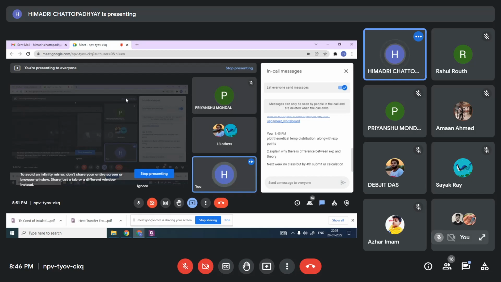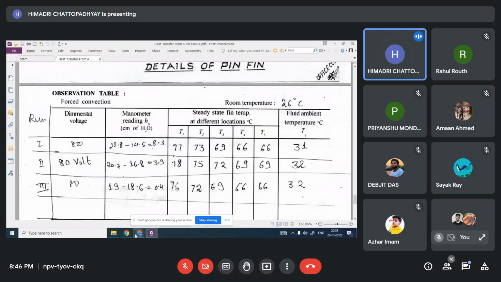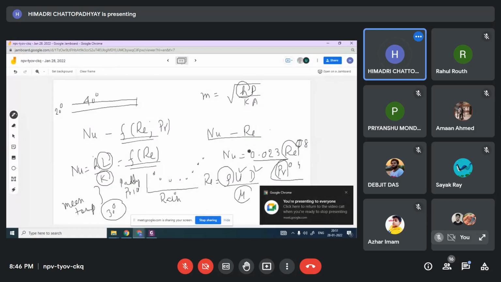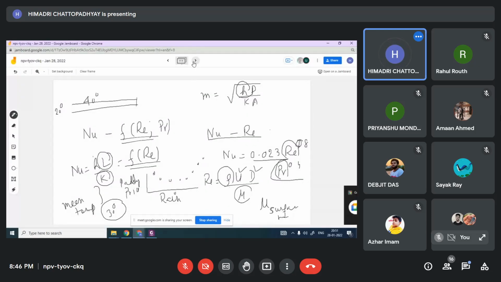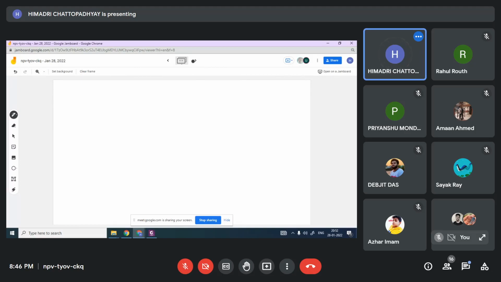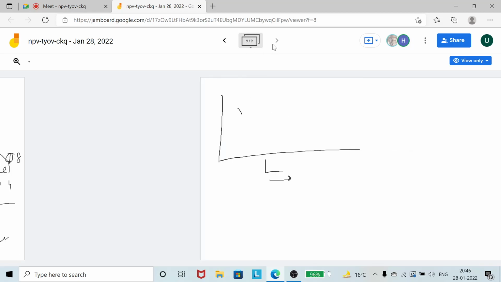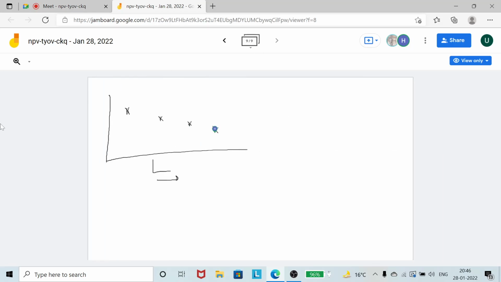As I told you, it will look like this. Let's say these are the experimental points 1, 2, 3, 4 and the theoretical may be like this. So this must be in the same plot.